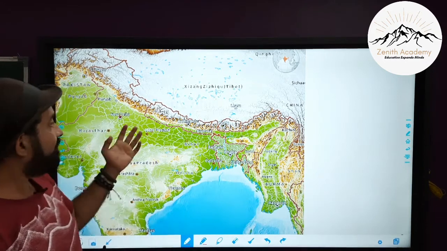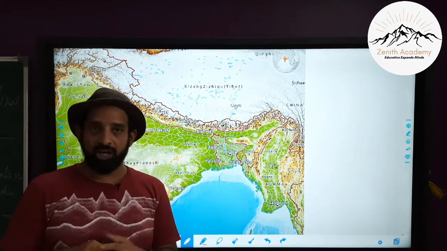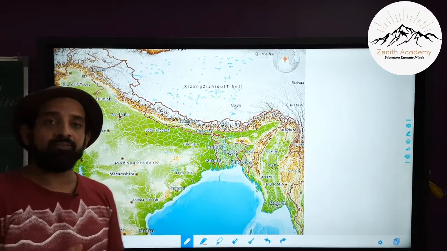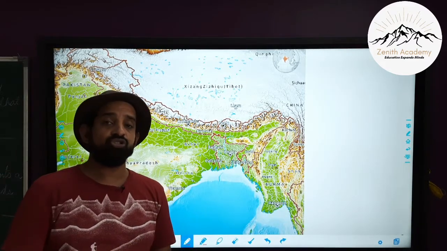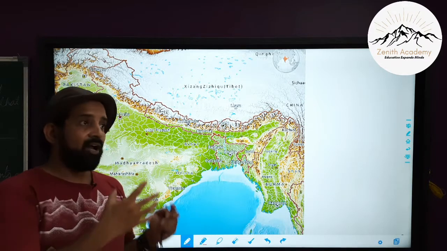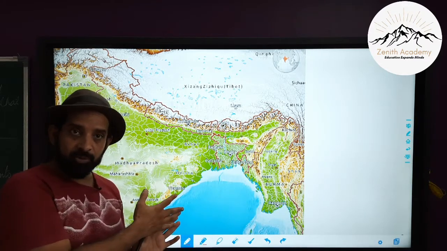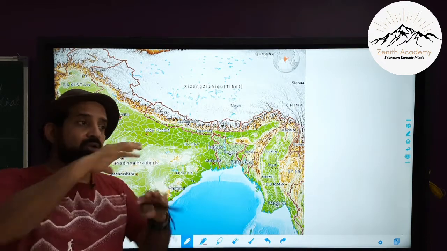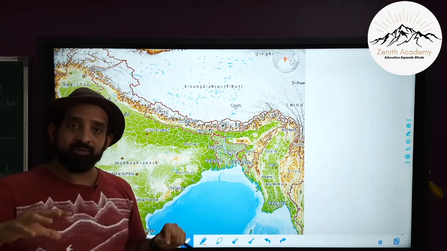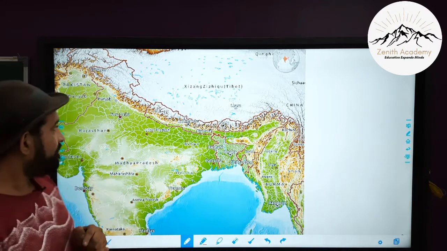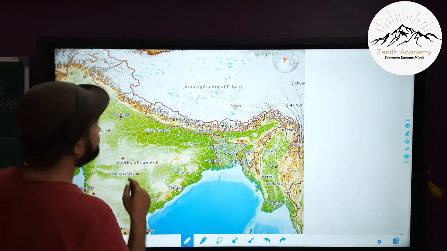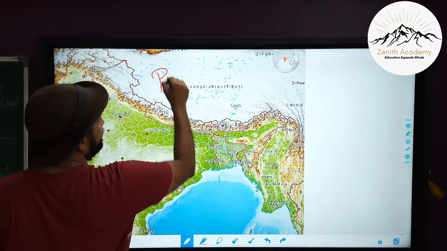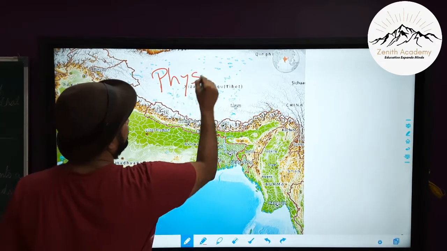So again, here we have taken the example of our own country. Now, earth features are where the mountains, hills, forests, lakes, rivers, and oceans are. It is very important to understand the climate of a particular country, so you need to have the physical map. It also gives you different climatic regions in different parts of the country. So let me take an example here. Now if you see this, what is this called? Let us write it here.